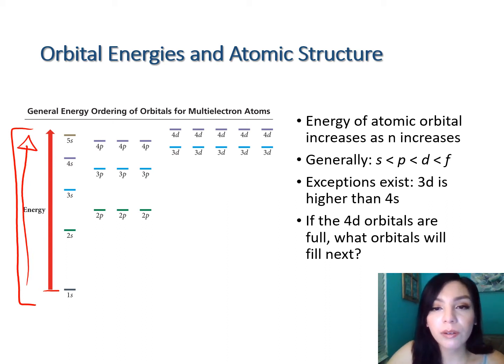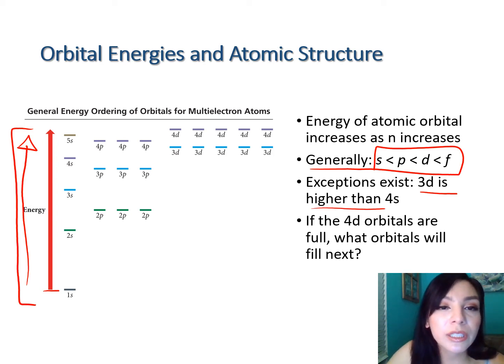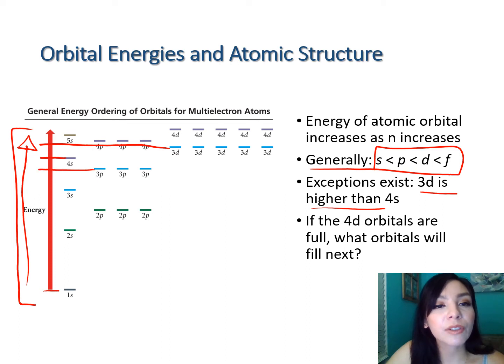In general, it will be SPDF, but there are some exceptions that exist, and I just want to point out why. So for example, 3D is higher than 4S. What does this mean in terms of filling? So because 3D is above, and sorry, this line is ugly, is above 4S, that means 4S will fill after 3P, right?